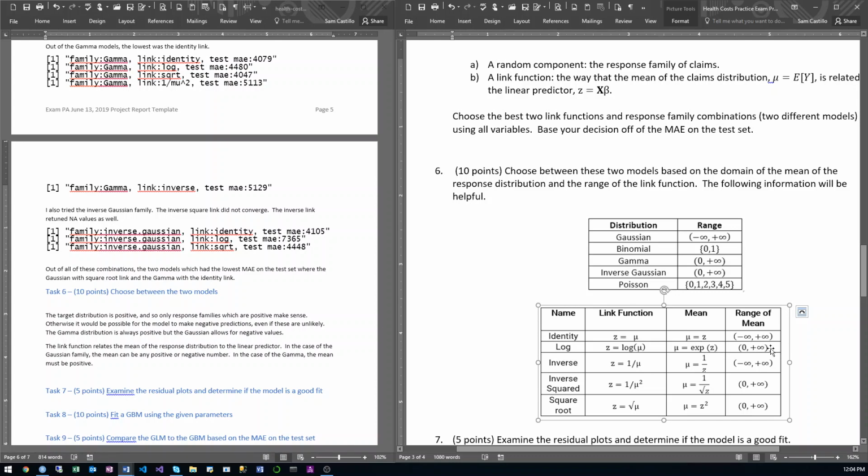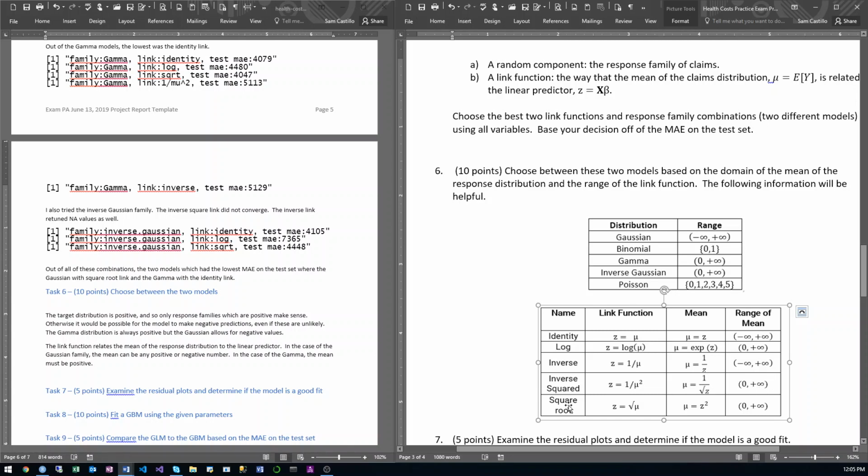If you use the inverse link, the mean is equal to 1 over z, which can be positive or negative. If you use an inverse square, then the mean function is 1 over the square root, which is always positive.